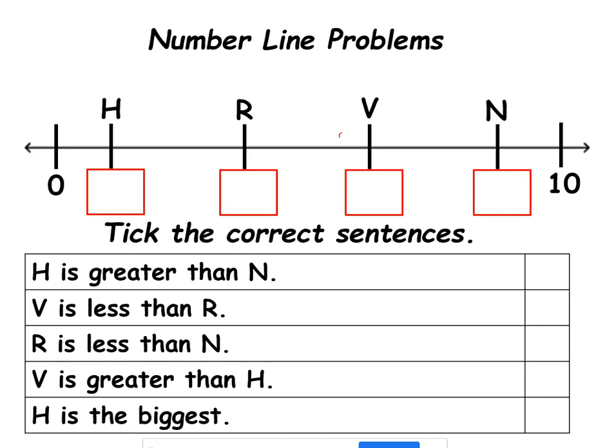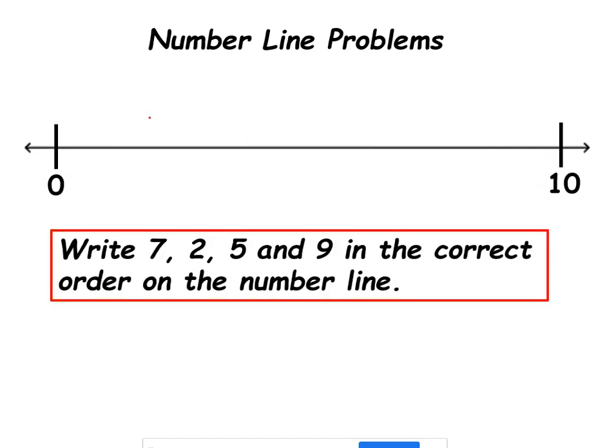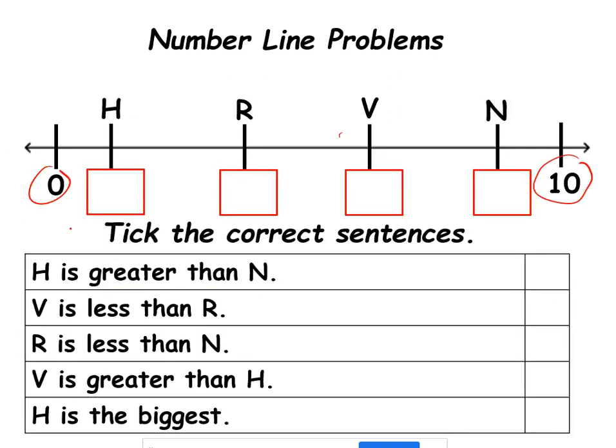We're counting from 0 to 10, and that's counting forwards. The biggest number is closest to 10. This is H, closest to the smallest number. That's not true. H is not greater than N, so wrong.